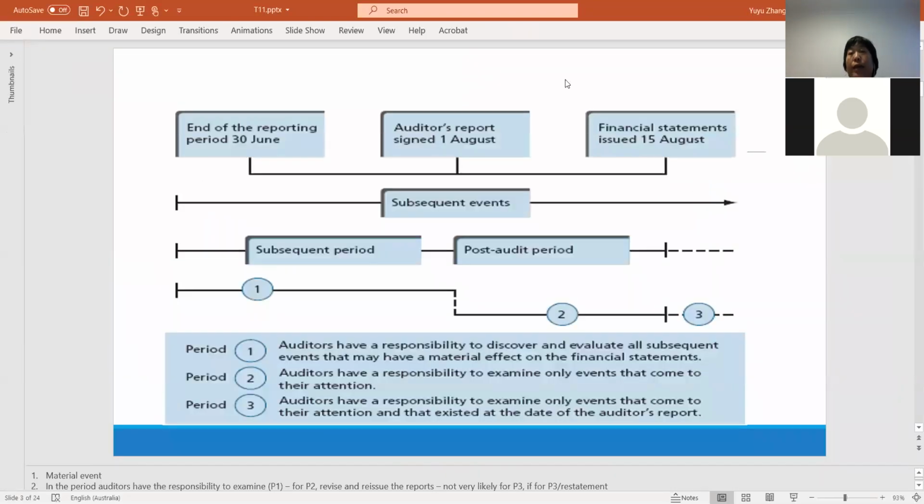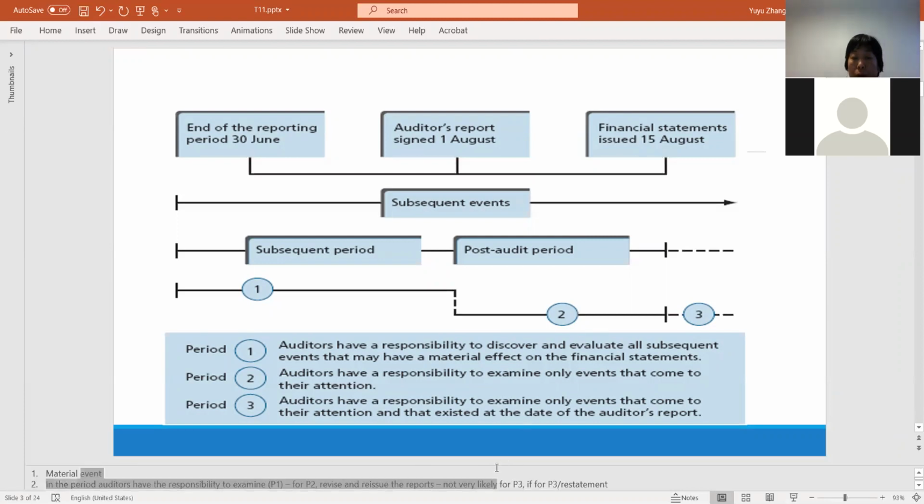So last week, the topic was about subsequent events and also the order reporting. Basically there are two parts of the key knowledge we must understand.